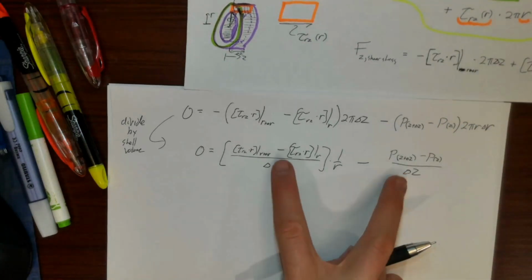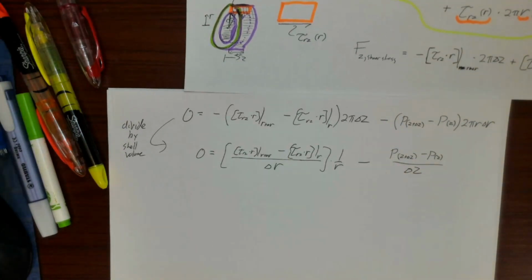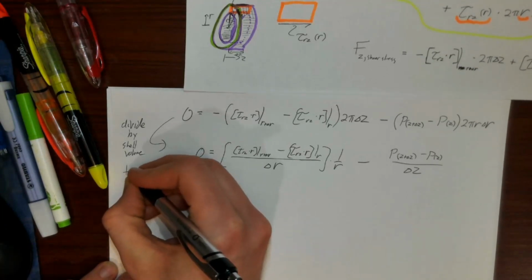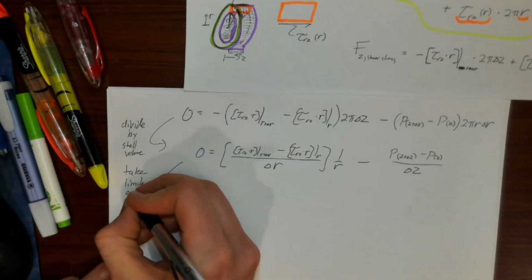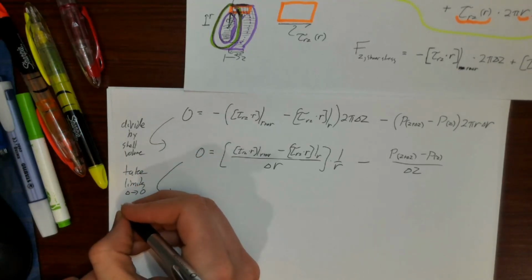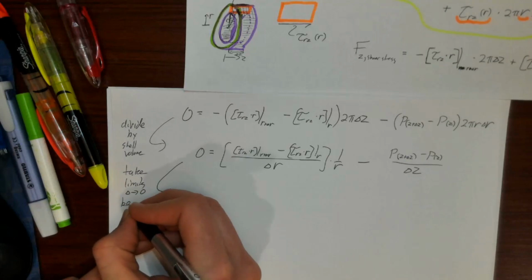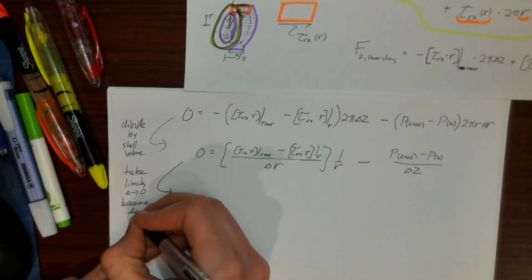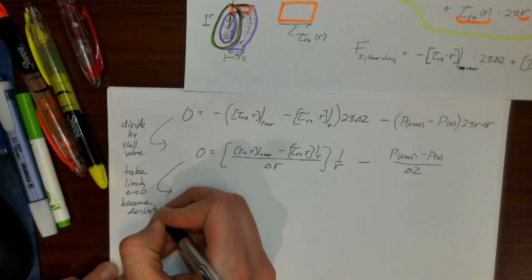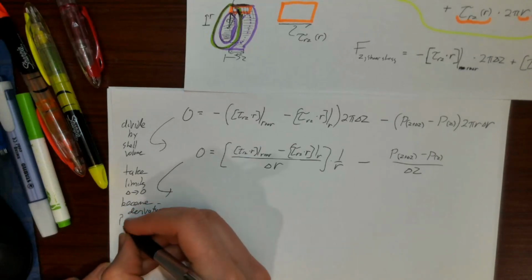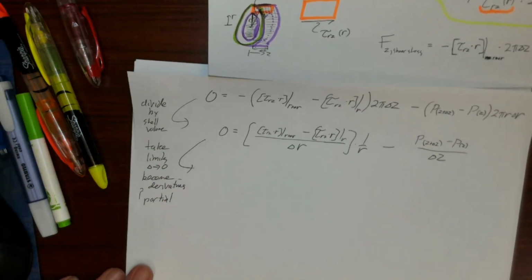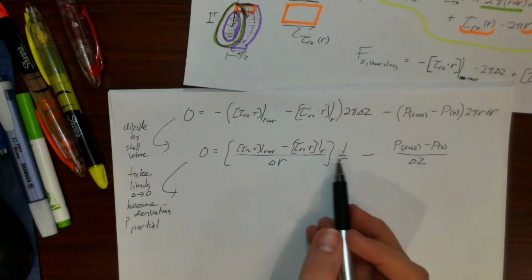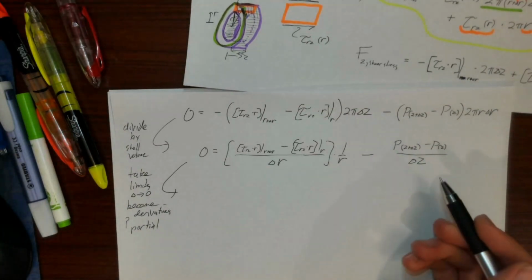All right, so here I have two things. The next step, I can take limits as the deltas approach 0, and this basically means things become derivatives. And the key thing here is they become partial derivatives, because hypothetically, shear stress could be a function of multiple variables, as could pressure.